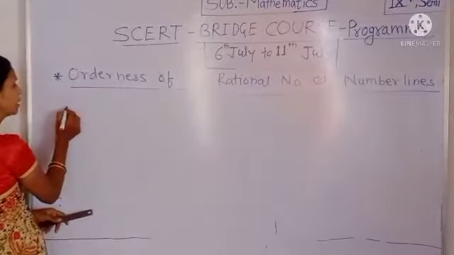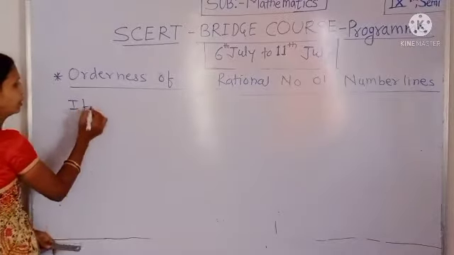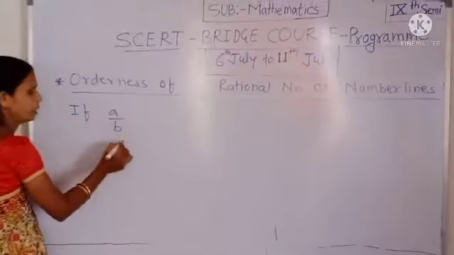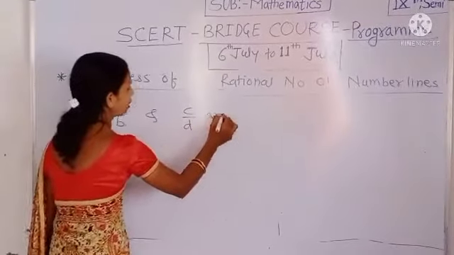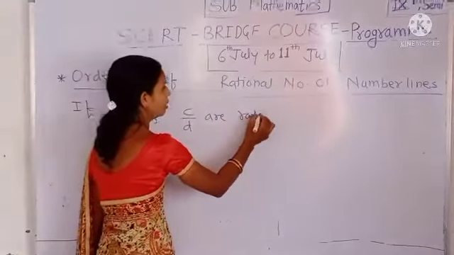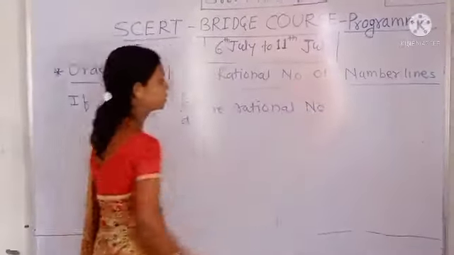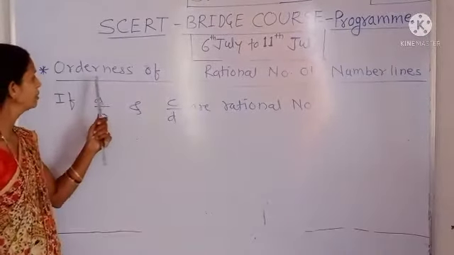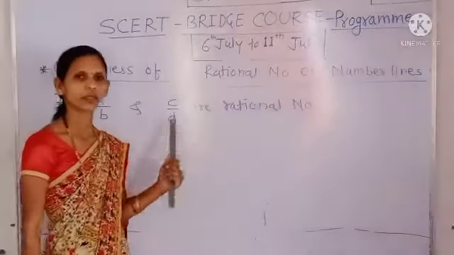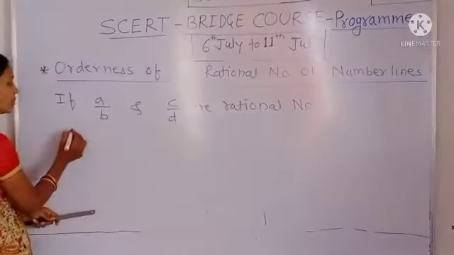Then see here, if A upon B and C upon D are the rational numbers given here, then we can write the orderness of those rational numbers. Then there are 3 possibilities.